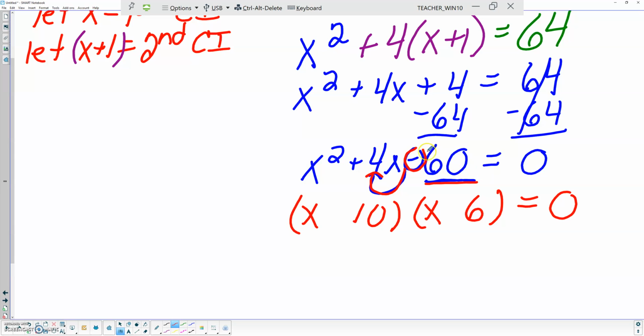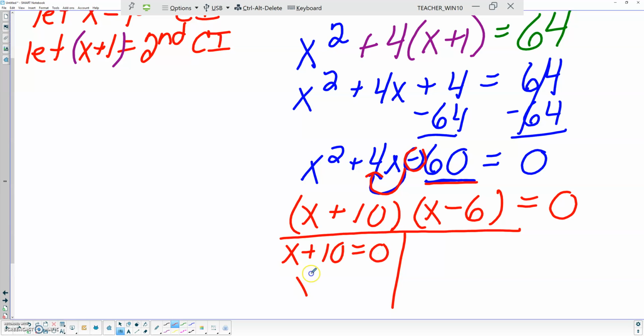So again, signs are different. And here the larger number is going to be positive because positive 10 and negative 6 combine to positive 4. So then we're going to set each factor equal to 0. So we get x equals negative 10 and x equals positive 6.